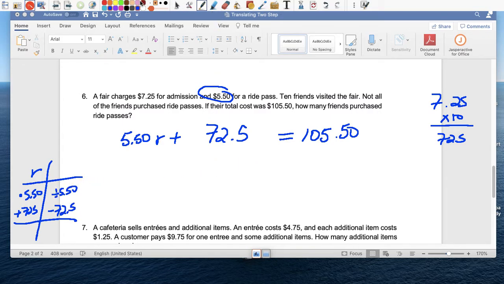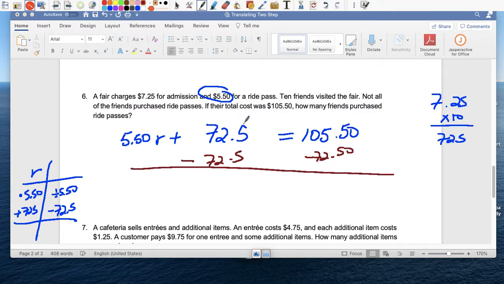So let's do that. Minus 72.5, minus 72.5. So let's subtract that. 105.5 minus 72.5 gives me $33. So from $105.50, we subtract the admission, and you have $33 left.